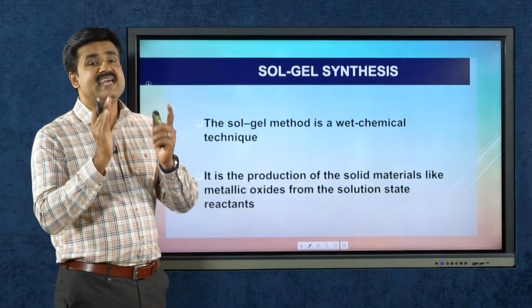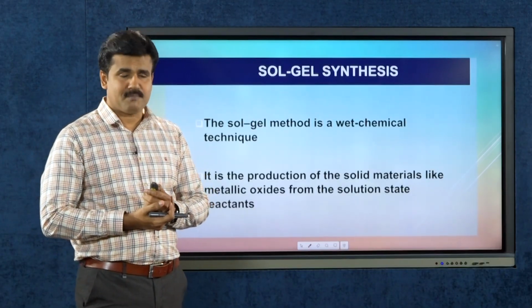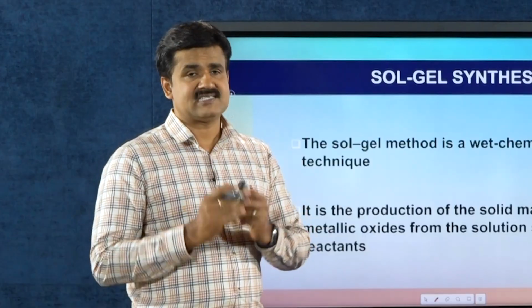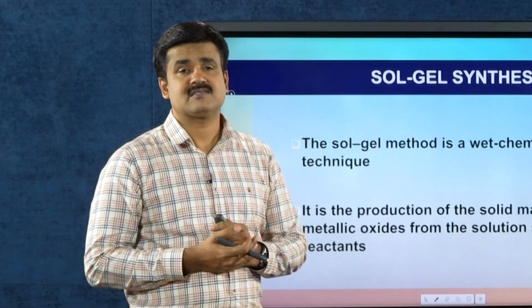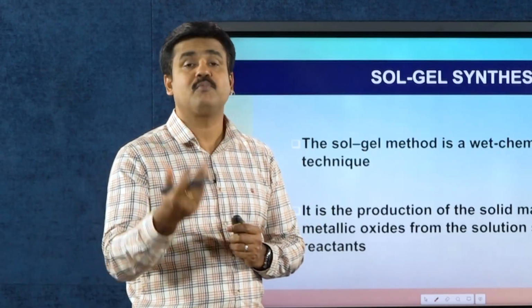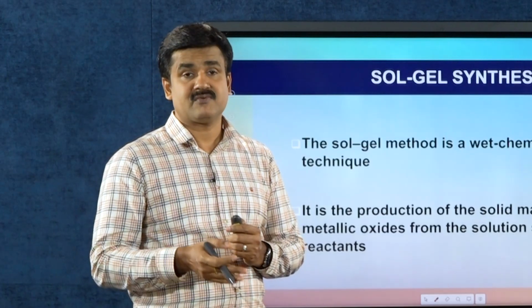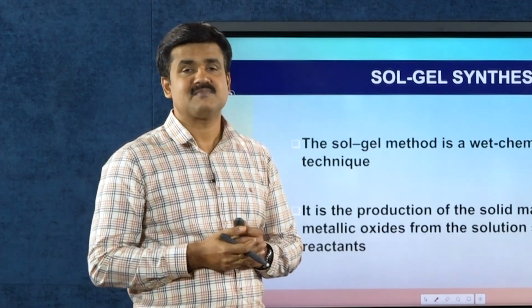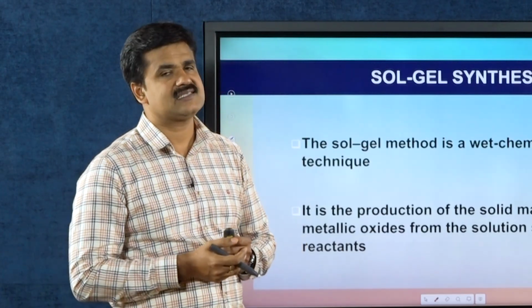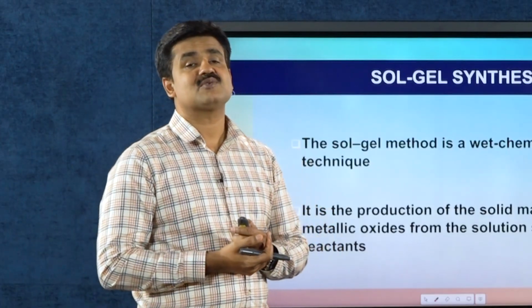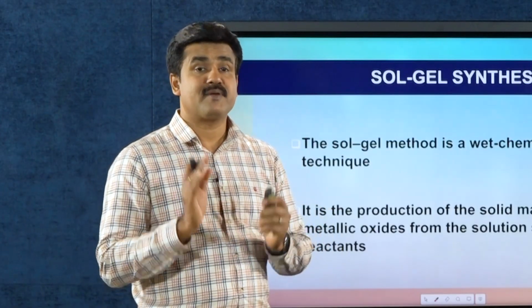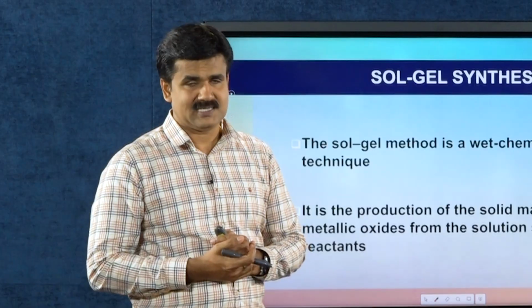Now, the next bottom-up approach. This approach got its popularity because it is a method for the preparation of a more common nanosystem, that is nothing but silica nanoparticles. SiO2 nanoparticles or silica nanoparticles can be prepared by the sol gel method.